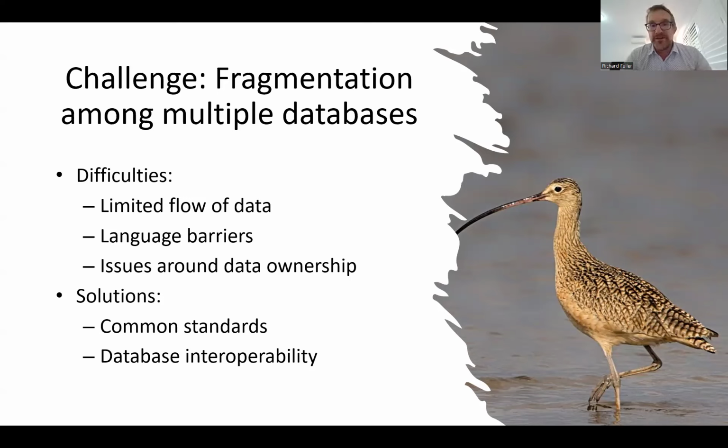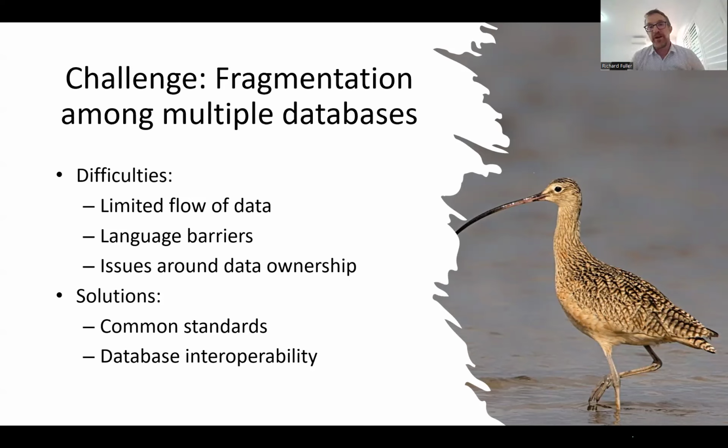The first big challenge is that we have lots of individual databases all around the flyway where monitoring data are being stored. There are some exceptions to this. The Asian waterbird census, for example, is an attempt to collect beyond those typical national boundaries. And I'm sure Tej will talk about that in a moment.